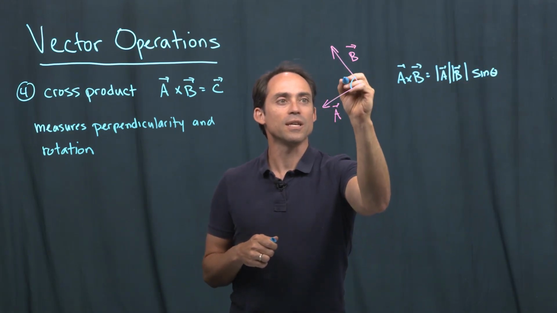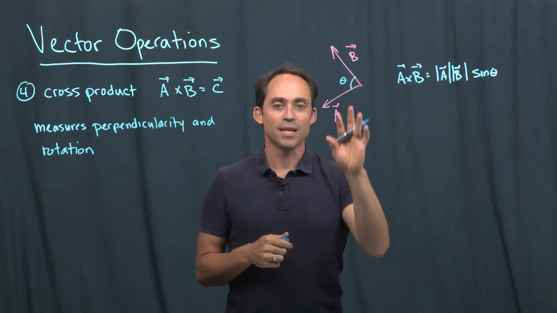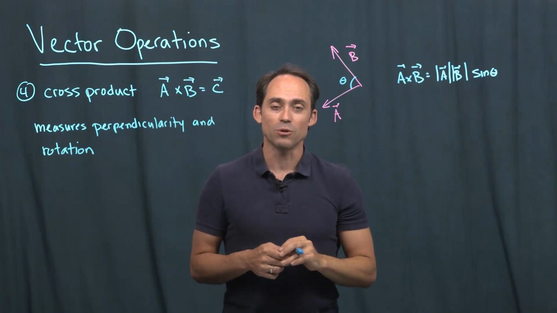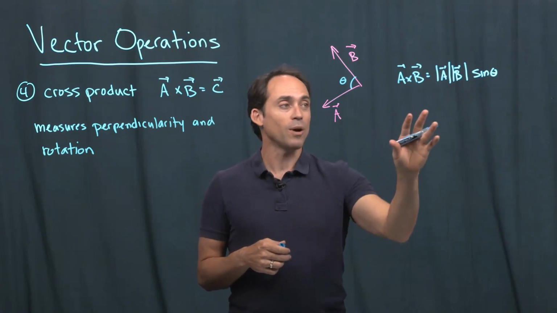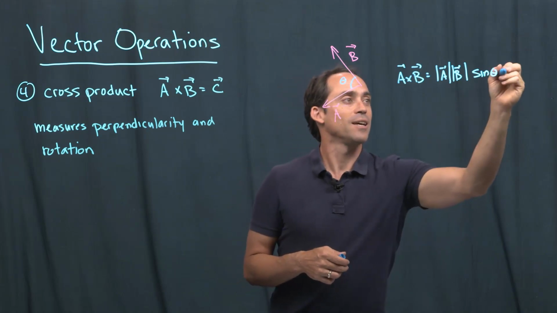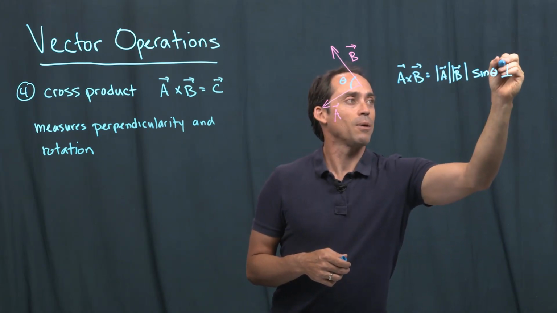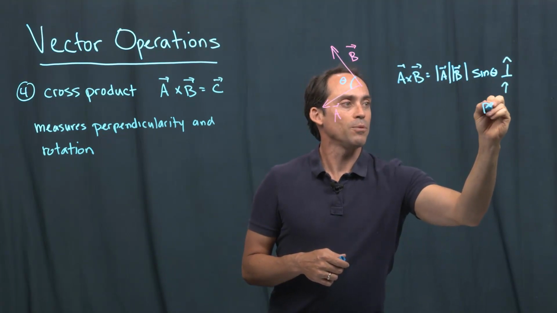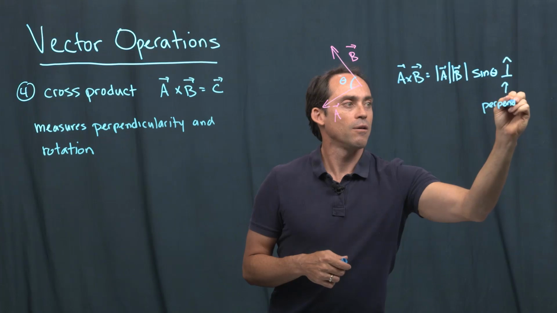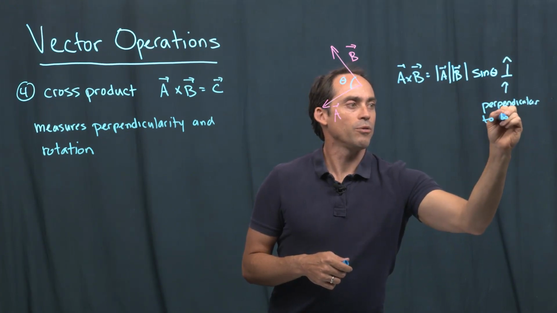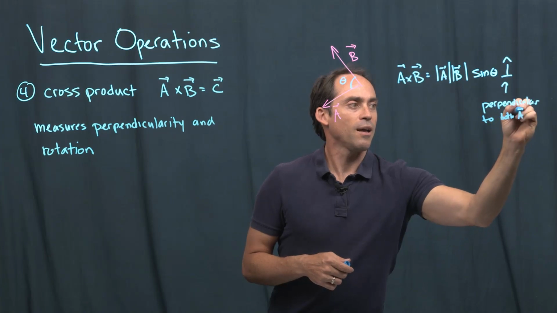And so if this is the angle between vector A and B, it's the sine of that angle that we want. Now, I mentioned that the cross product produces a direction, so we were actually not quite finished. This is a magnitude. We now have to indicate a direction, and I'm going to just symbolically represent that this direction that comes out is perpendicular to both A and B.